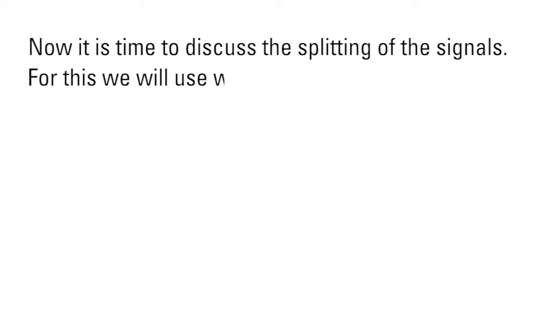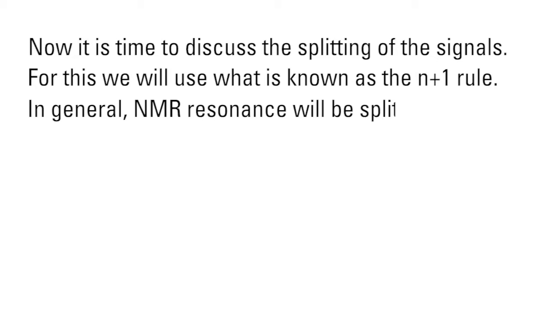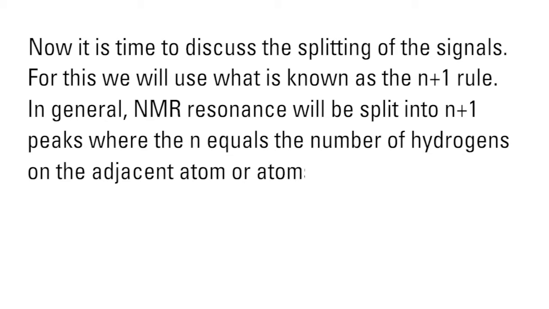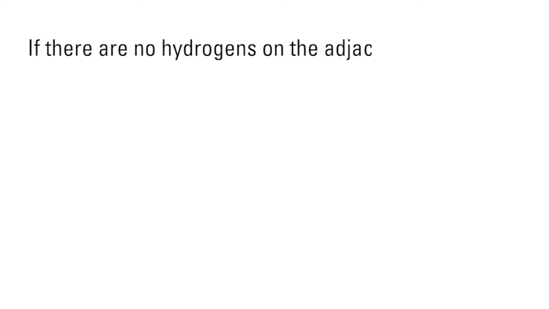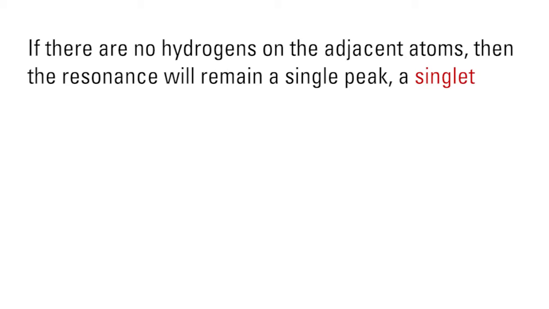Now it is time to discuss the splitting of the signals. For this, we will use what is known as the N+1 rule. In general, an NMR resonance will be split into N+1 peaks, where N equals the number of hydrogens on the adjacent atom or atoms. If there are no hydrogens on the adjacent atoms, then the resonance will remain a single peak, a singlet.